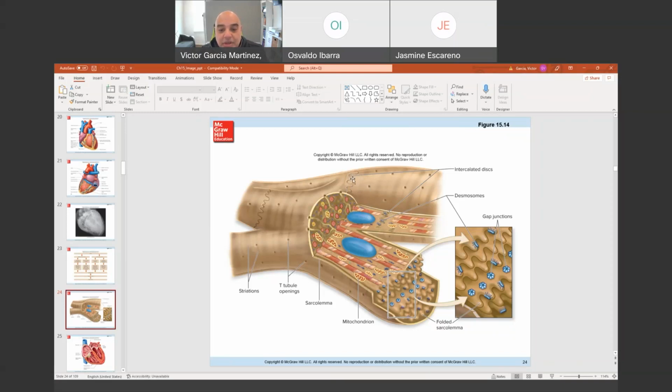These divisions are called intercalated discs. Guys, these structures allow the whole heart to contract at the same time because the contraction should be efficient.